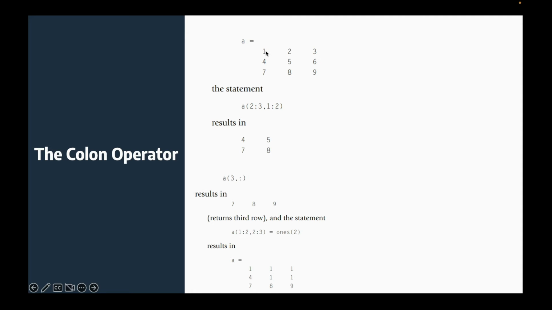We had this 1 from before, so don't get confused about it. But it said from 1 to 2, like the first 2 rows, and for the columns 2 and 3, so we're talking about these 4 numbers, 2, 3, 5, and 6. Ones of 2, this is a MATLAB function. Whenever it sees any value that's non-zero, it's going to tell you it's a 1. Otherwise, it's going to keep it as a 0. So it converted all those numbers into 1s. I can't think of any application off the top of my head right now for that, but it's good to know.